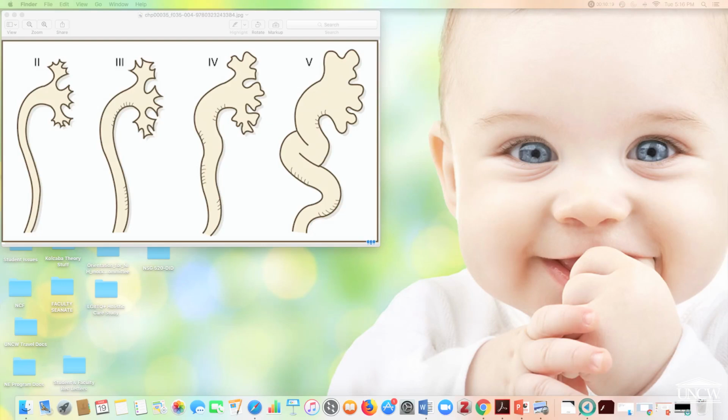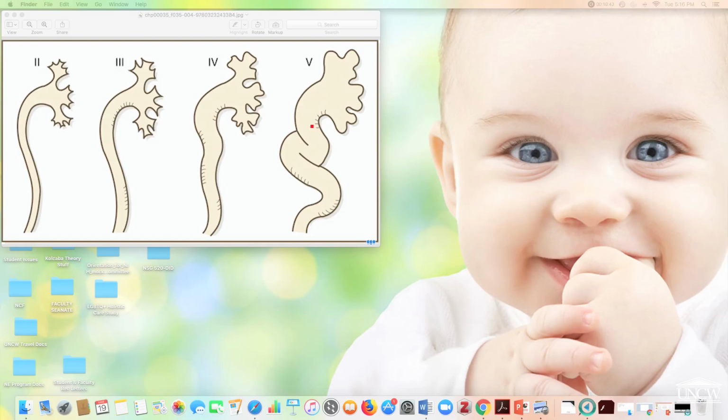Grade 2 extends up to the renal pelvis, but there's not going to be any dilation. See how there's no dilation in the ureter and no dilation in the renal pelvis area. Grade 3 extends. There is dilation of the ureter and the renal pelvis, and then also in these areas up here. And then just keep on going to grade 4 and grade 5.